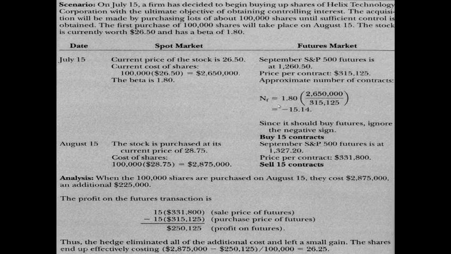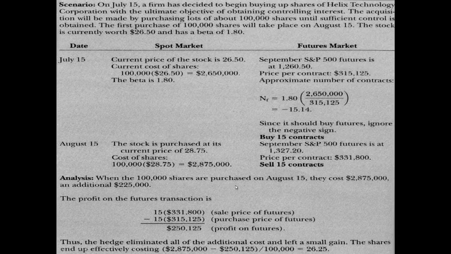However, I bought 15 futures contracts at $315,000, and each futures contract is now worth roughly $332,000. So that's about $17,000 profit per futures contract if I now sell them. So I make money from the futures.